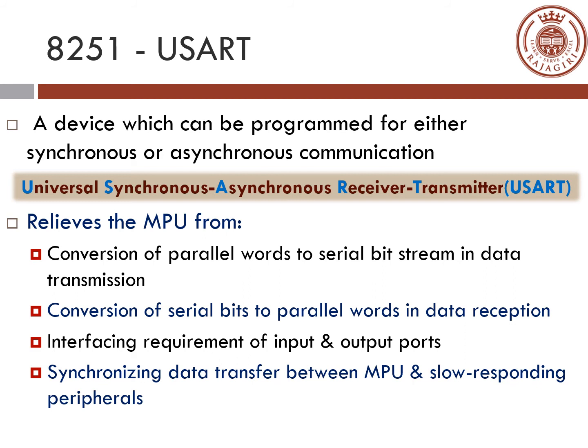The USART relieves the microprocessor unit from the work of converting parallel words to serial bitstream data during transmission, and also conversion of the serial bits to parallel words of data during reception. It will also interface between the input and output ports and also synchronize data transfer between the fast microprocessor unit and the slower peripherals.